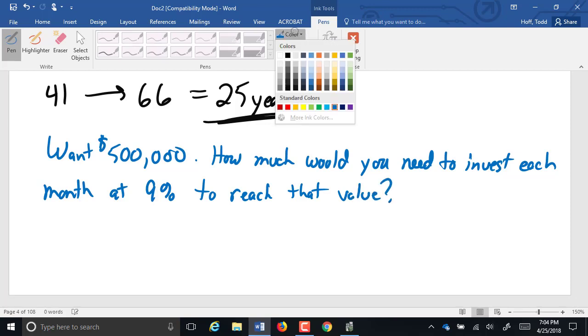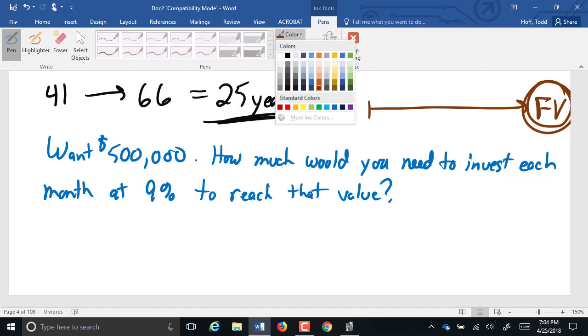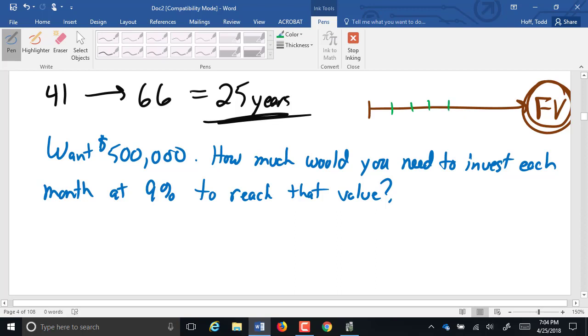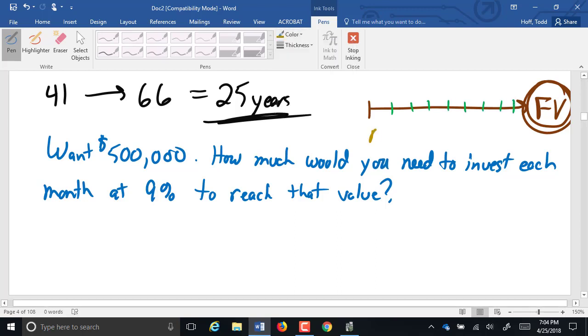So what we have here now is we know what that future value is. That's a known amount. We're going back and we want to find out then for each of these periods, what's that payment have to be?